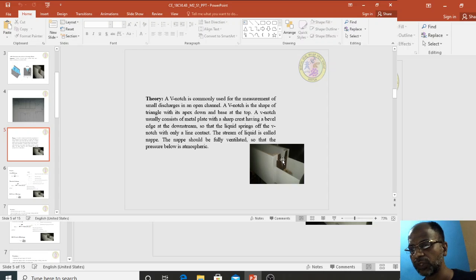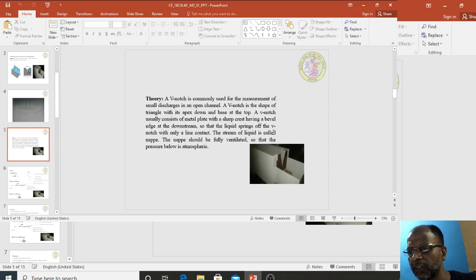A V notch usually consists of a metal plate with a sharp crest having a bevel edge at the bottom, so that the liquid spills off the V notch only along a line of contact. Because we are using a gauge, the gauge pointer end touching point we record, that is the height.